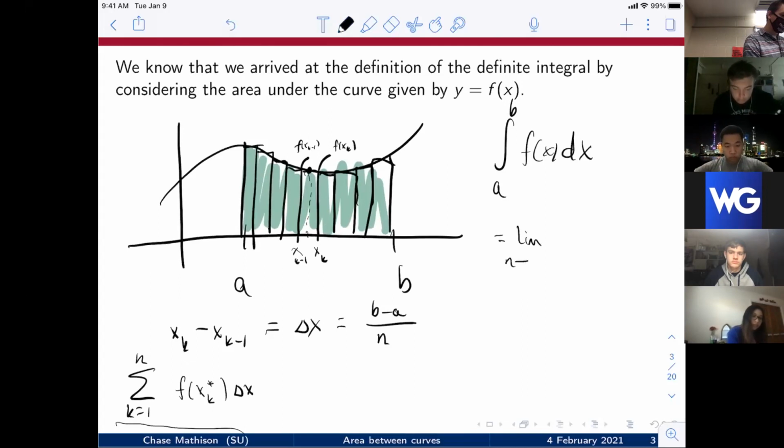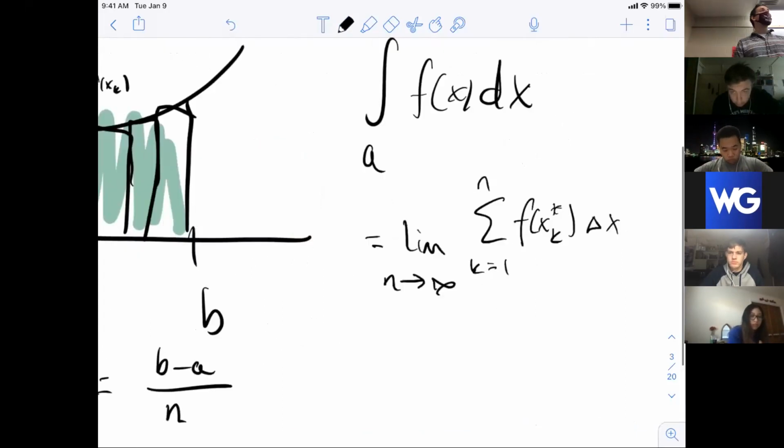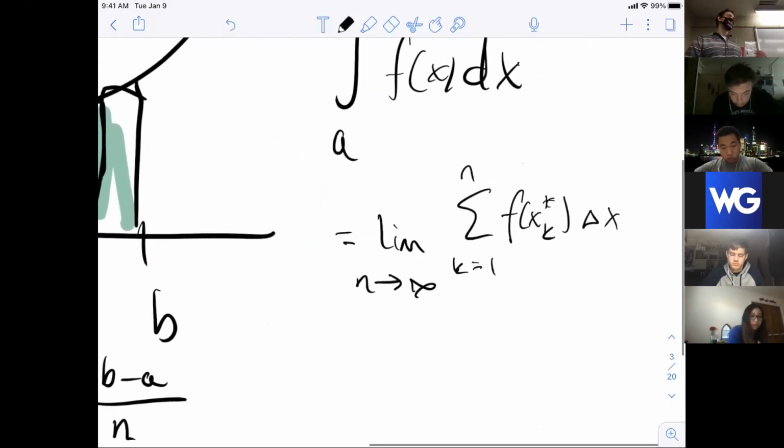The limit as n goes to infinity of the sum k equals 1 to n of f of xk star times delta x. And again, xk star, before we were taking it to be either the left endpoint or the right endpoint, but now it can be really any point between those two.